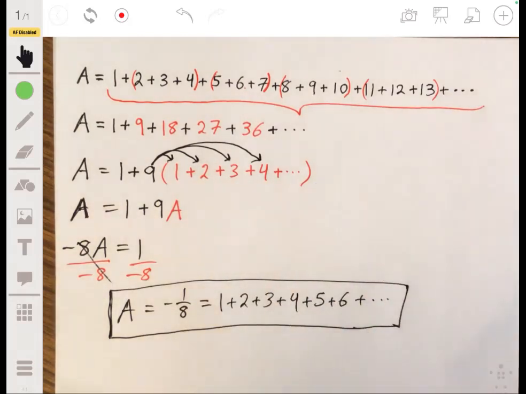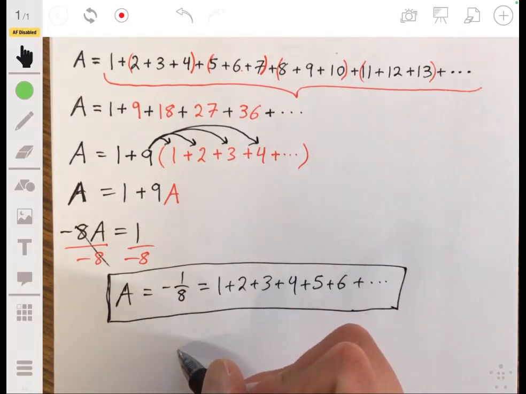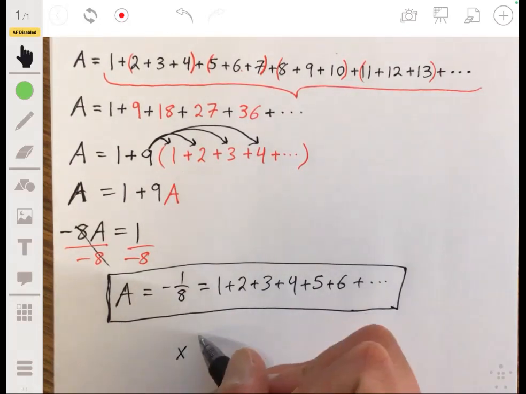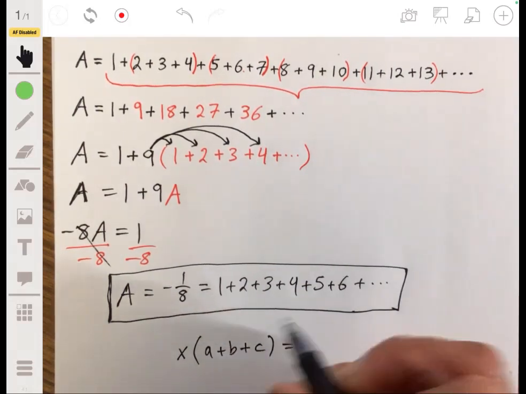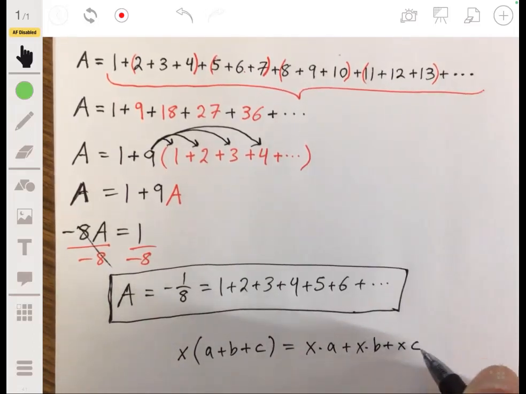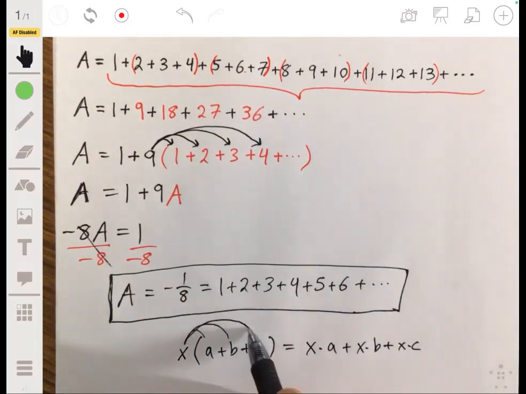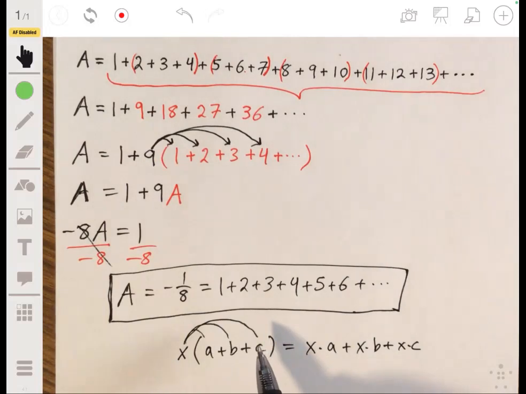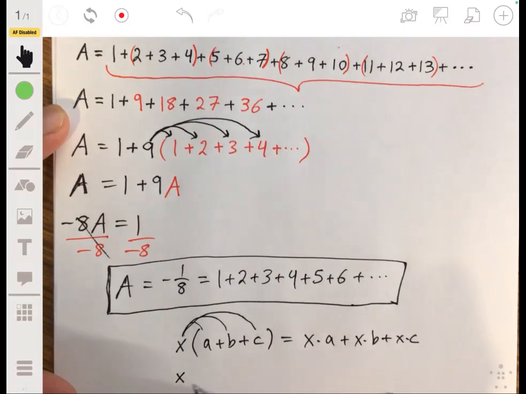In other words, you're typically taught in algebra, if you remember, that x times a plus b plus c is equal to x times a plus x times b plus x times c, because you distribute the x to each term on the inside of the parentheses. But we're not told that you can apply this to an infinitely large group.